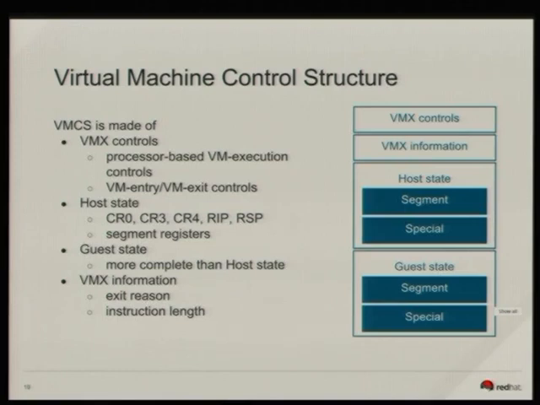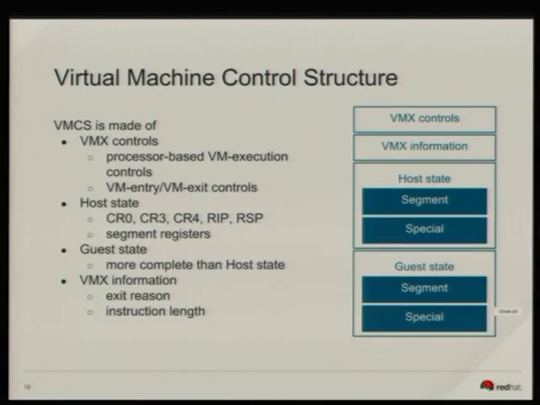VMCS, or Virtual Machine Control Structure, is the Intel implementation of the general idea. It has VMX controls, it has VMX information, host state and guest state. And VMX controls usually have some controls that affect when the VM exits.